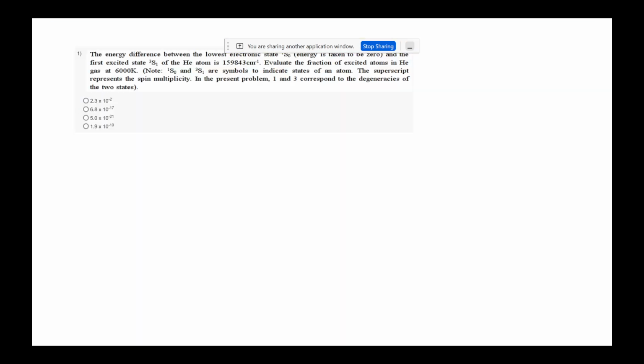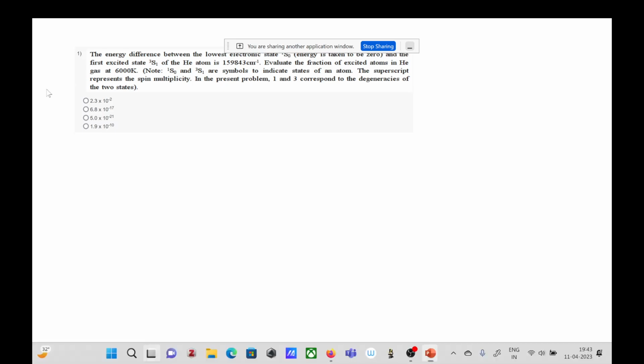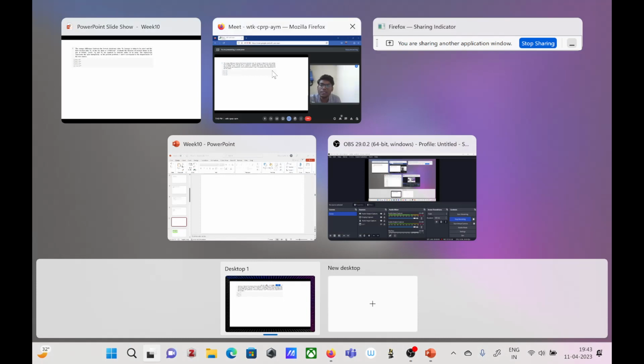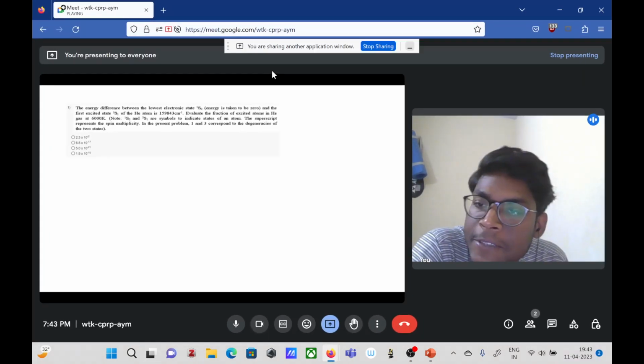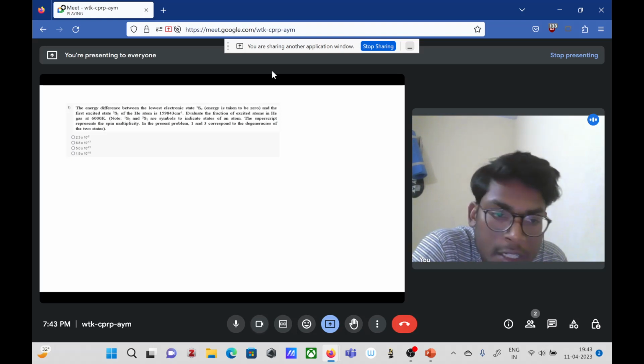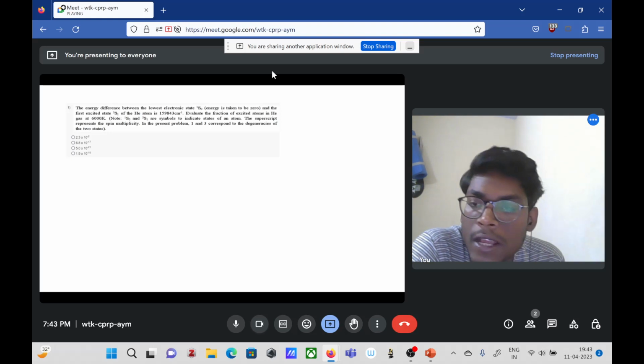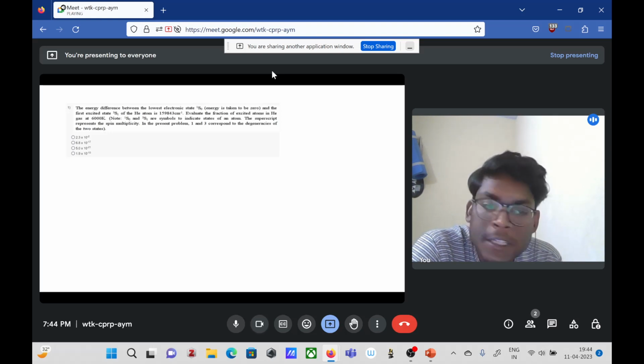So the further problem is this problem. This is a long problem, so we'll take some time. So what does the problem say? The problem says the energy difference between the lowest electronic state, where energy is taken to be 0, and the first excited state 3s1 of the helium atom is 159843 centimeter inverse.